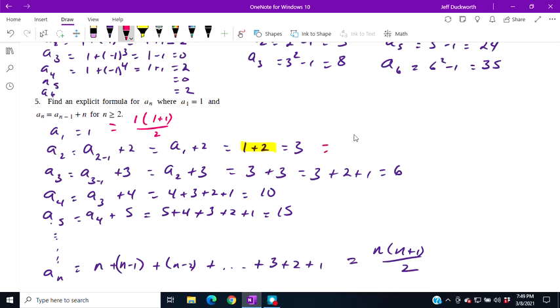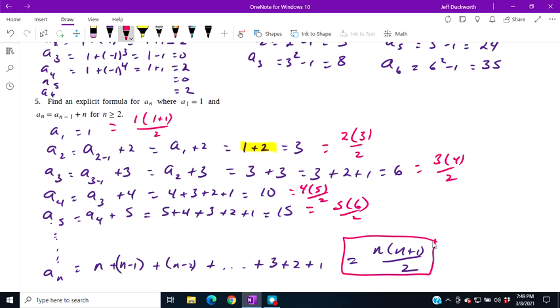Well, this is going to equal 2 times 3 over 2, which is just 3. And then this is going to be 3 times 4 over 2, which is 6. And this is going to equal 4 times 5 over 2, which is 10. And this equals 5 times 6 over 2, which is 15. And this is the general format for that. And that's what they're looking for.